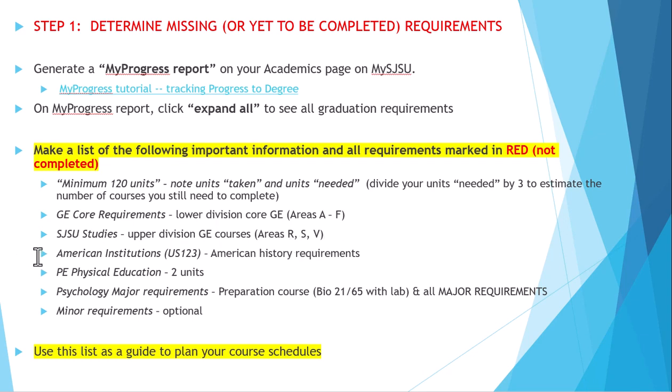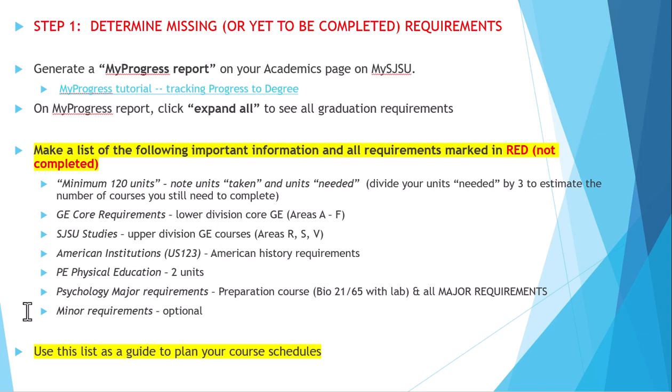Then you have the American institutions requirement, the physical education requirement, and your major requirements. That's what we help you with here in the psychology department: guiding you and helping you with your major requirements.